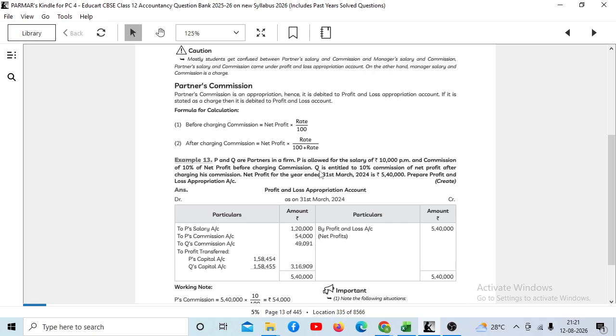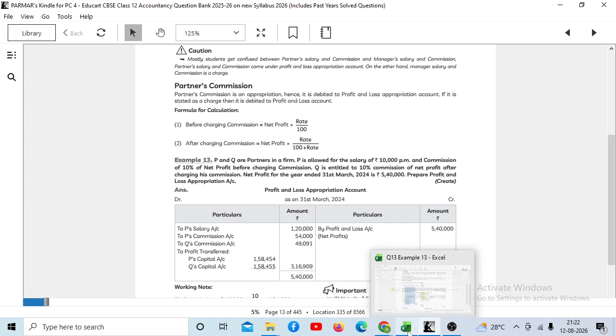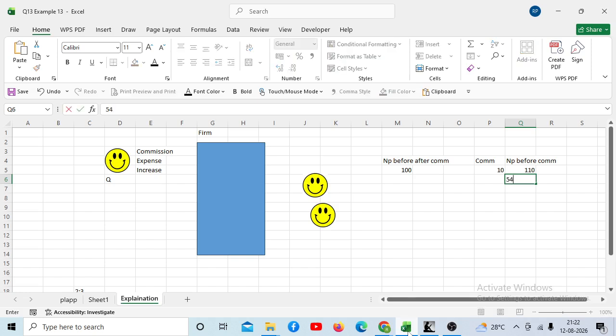Do we know the commission of Q at this position? No, we don't. It is 10%. So that means this is before commission. The profit is before commission, so I will write it here, 5,40,000.